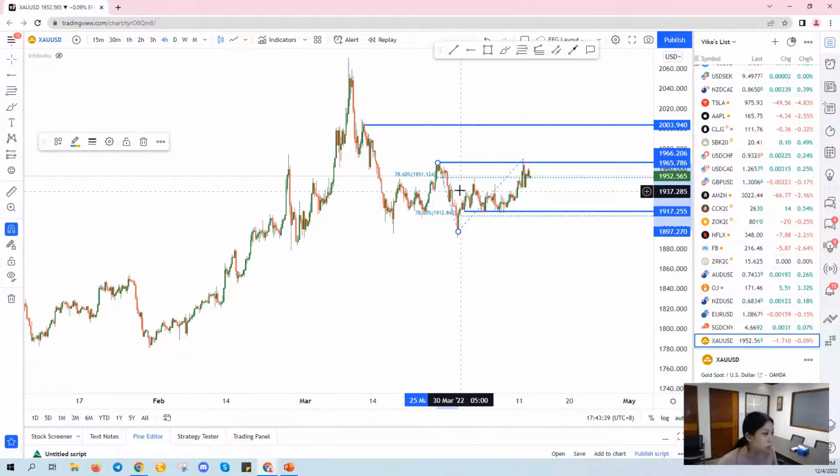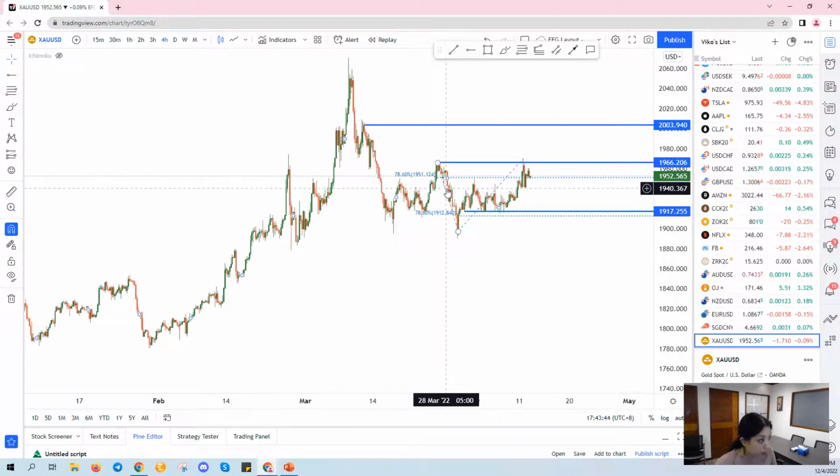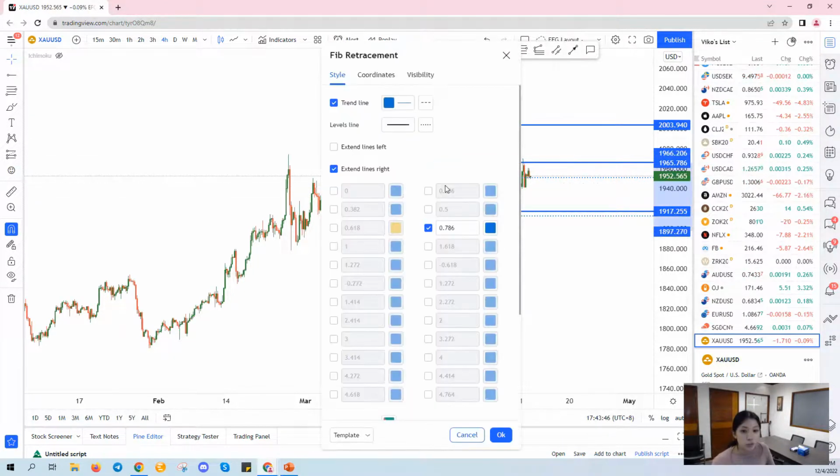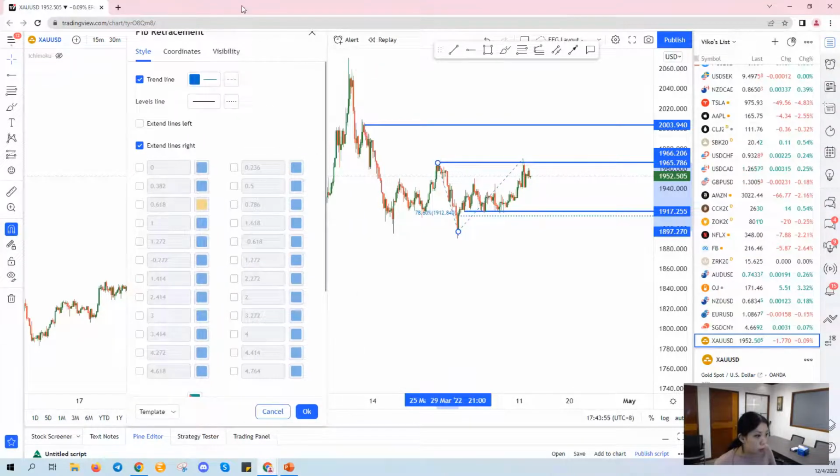I don't know if you guys know how to identify, but I'll just do it because there's no time to explain so much about how the Fibonacci works, unless you have been to the whole series of Fibonacci webinars, then it's easier for you to understand.